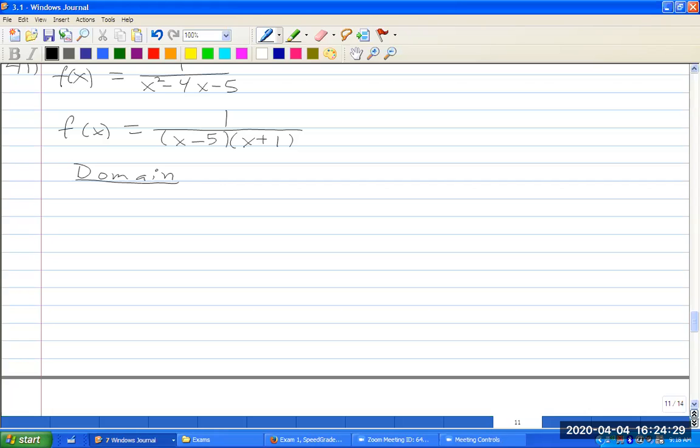And so we set my denominator to 0 and solve for x. By the zero factor property, I set each factor to 0 and solve for x. Add 5, subtract 1.